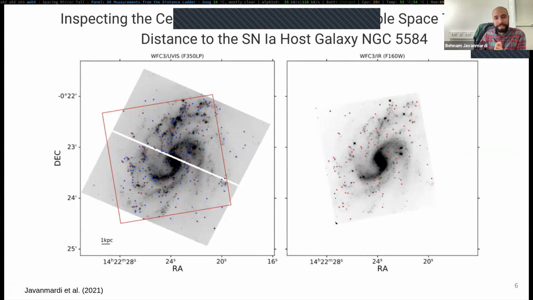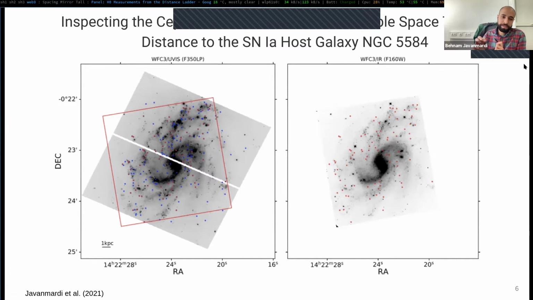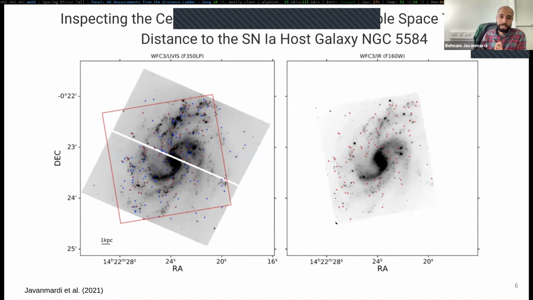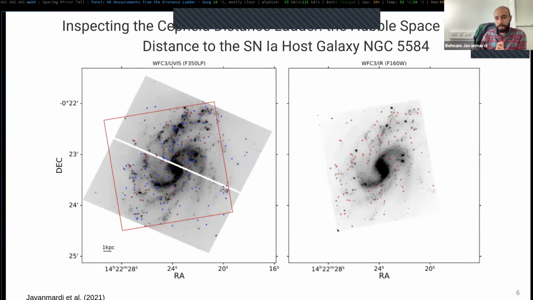So this galaxy, NGC 5584, is one of the 19 supernova host galaxies used by SHOES for calibrating type Ia supernovae luminosities. The Cepheids in this one, which you can see in this figure, the left and right being in two different bands, I can go to the details later.